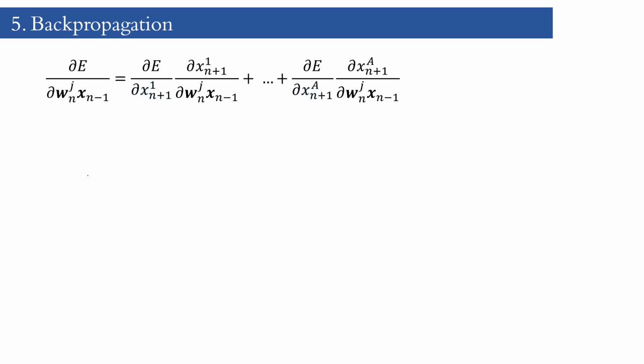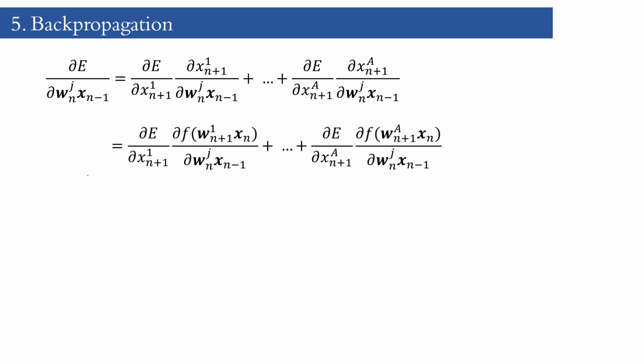We can further simplify this equation. We know that any node in layer n plus 1 takes in all outputs of the nth layer, that is xn, multiplied by the corresponding row of the weight matrix Wn plus 1 and sends that through the activation function f.